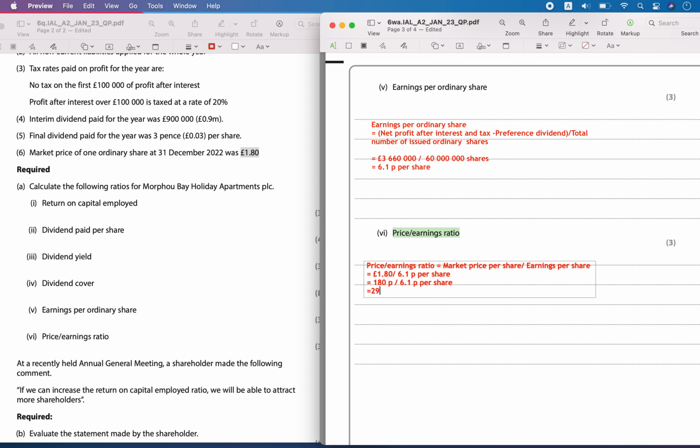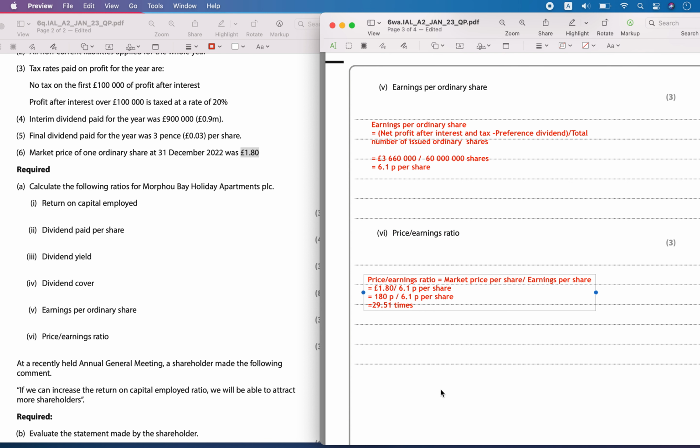That is equal to 29.51, which is the ratio. The unit is times, so 29.51 times. The market price per share divided by the earnings per share is the PE ratio, which is around 29.51.